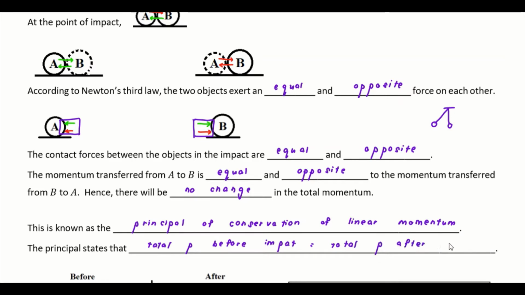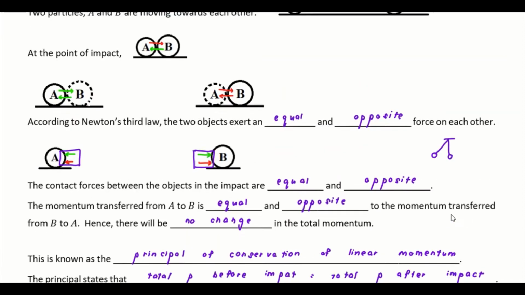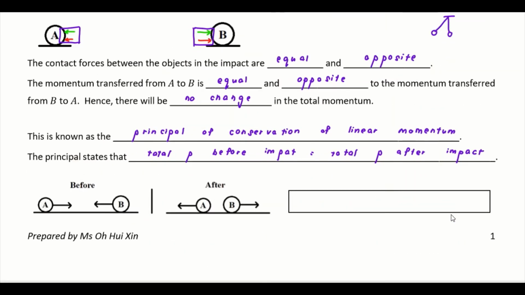As I mentioned just now, because they start with different velocities, do not assume that the velocity of A will become the velocity of B, and the velocity of B will become the velocity of A. That's not true, but when you calculate the momentum, the total will be the same. So these two objects are going to collide with each other, and then the impact brings them towards different directions later.